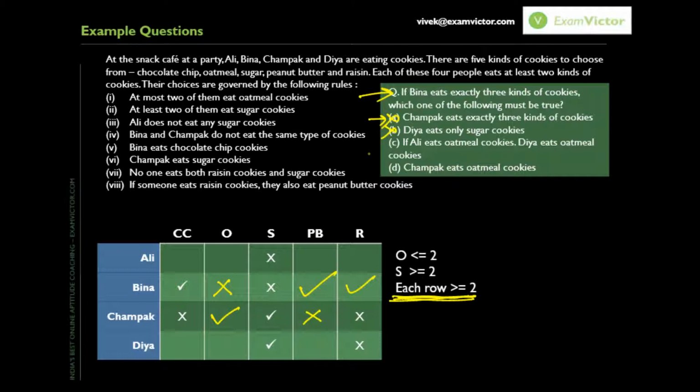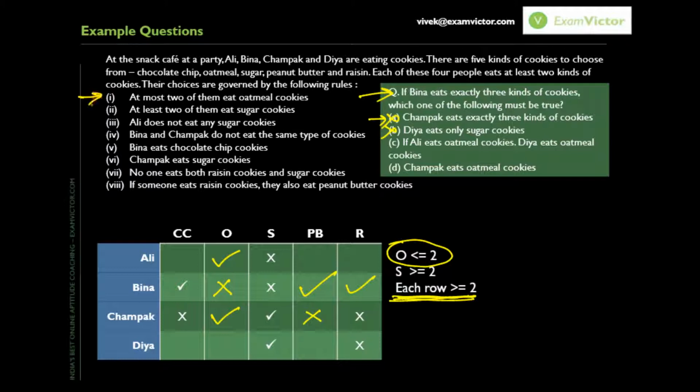Option C, if Ali eats oatmeal cookies, Diya eats oatmeal cookies. See, now you have just put a cross for oatmeal for Beena and a tick for Champak. Now if you put another tick for Ali, then you already have 2 ticks in the oatmeal column. But you have a rule that the number of ticks in the oatmeal column has to be less than or equal to 2, right?